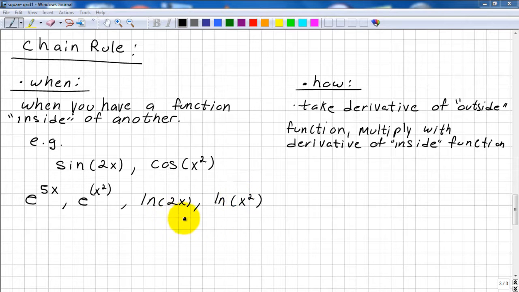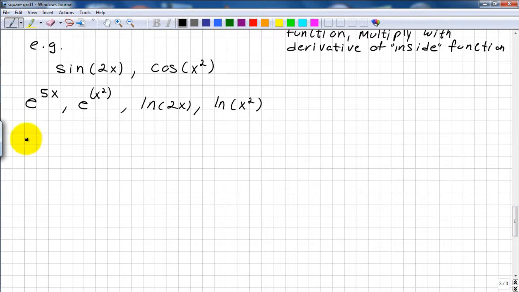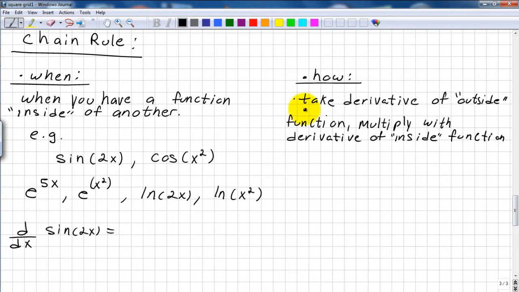So how would we take the derivatives of these functions? You would take the derivative of the outside function and multiply it with the derivative of the inside function. So let's go ahead and take the derivative of all these functions that I showed you. So the derivative of sine of 2x, like I said, take the derivative of the outside function, multiply it with the derivative of the inside function.